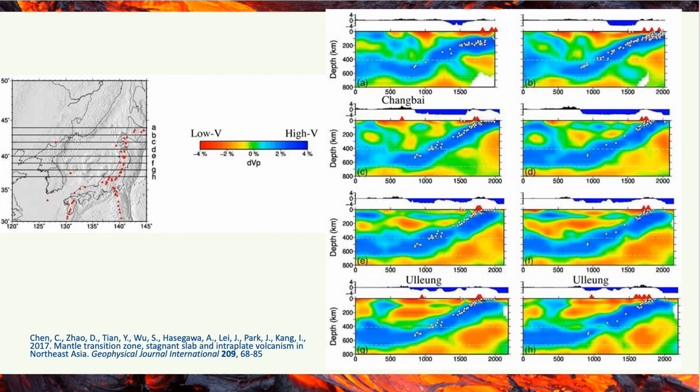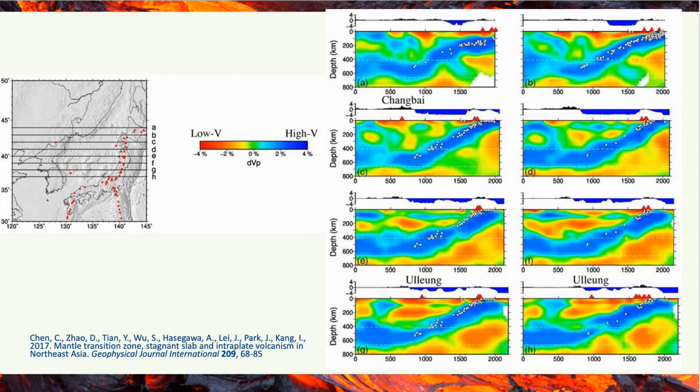And what we find is that the subduction zones are incredibly easy to image because these subducting oceanic slabs, which are cold and dense, have different seismic wave velocities to the warm, slightly more fluid mantle.